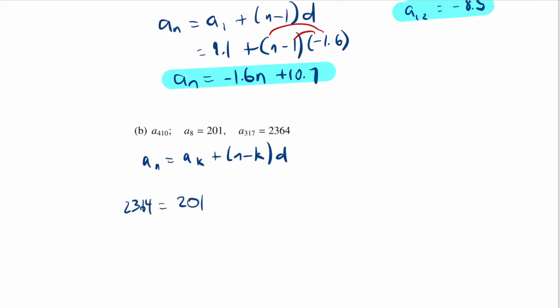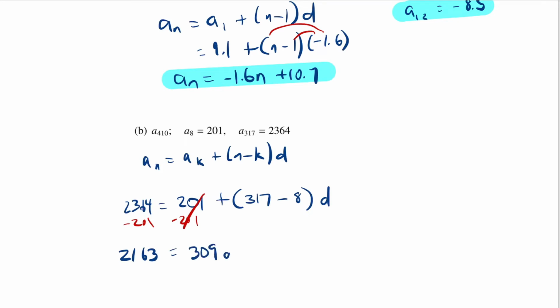So now we have to work this out and solve for d. So I'm going to start off by subtracting 201. So that's going to be 2163. And this is going to be 309d. Divide both sides by 309 and you get 7. So now we got the common difference.